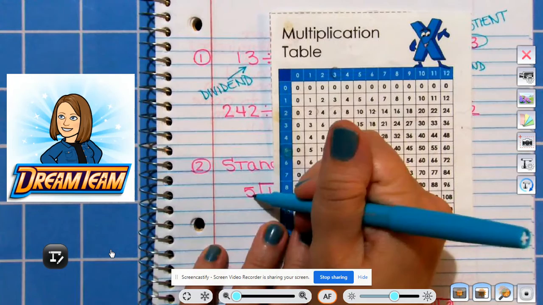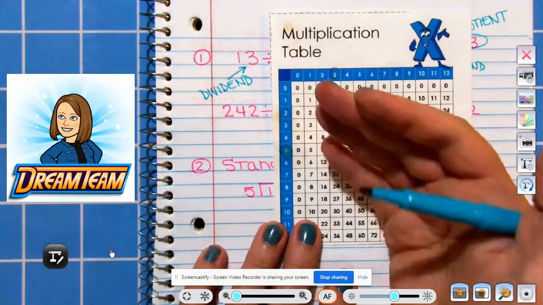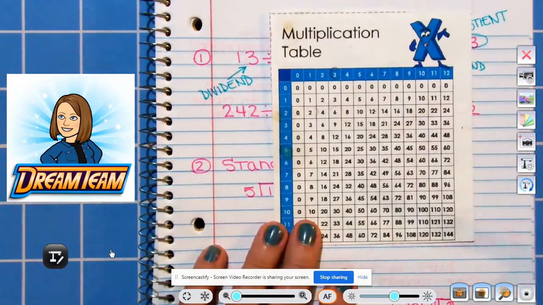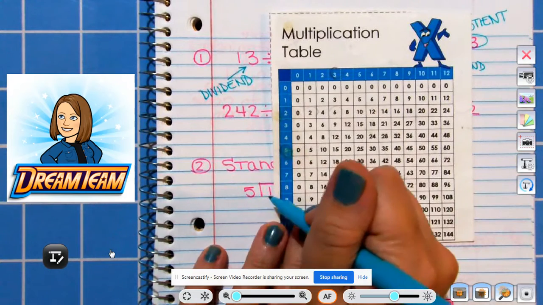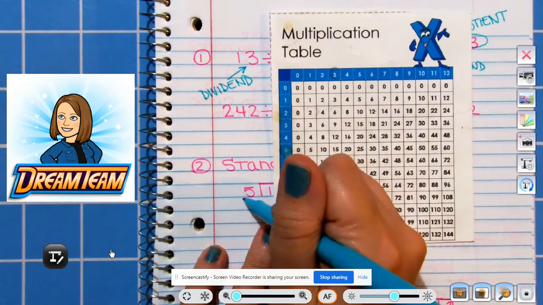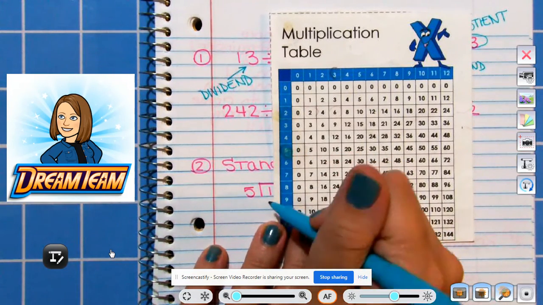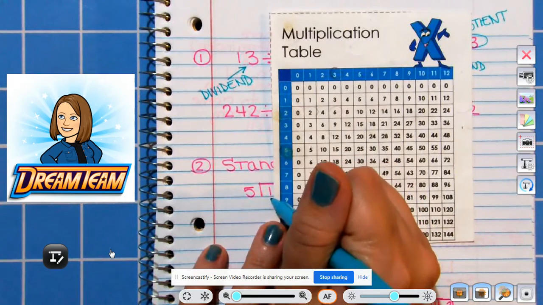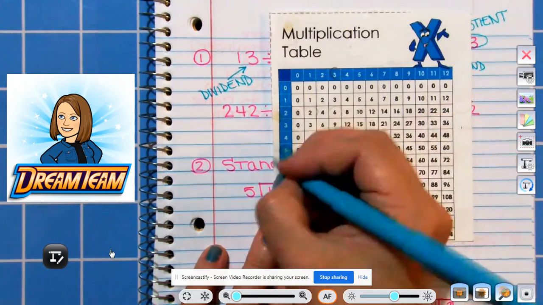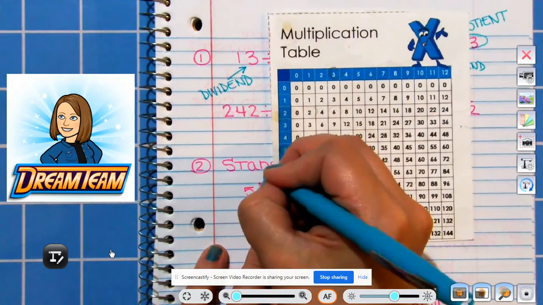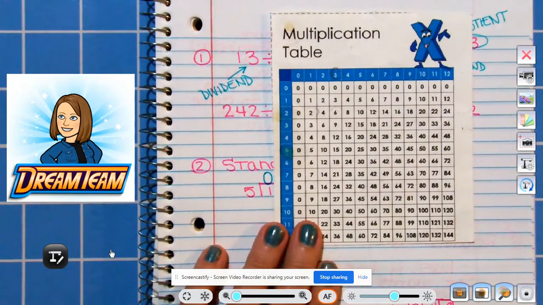And if we're using our 5s, we need to say how many 5s can I get out of 1? Or how many times will 5 go into 1? Or how many groups of 5 can I get out of 1? And when this number is smaller than the divisor, that is a 0. You can get no groups of 5 out of 1.